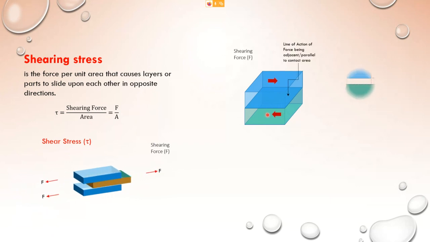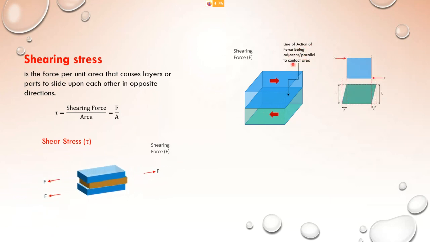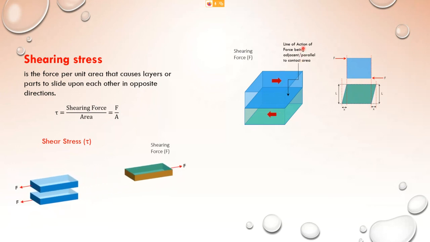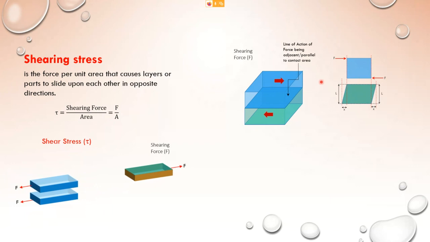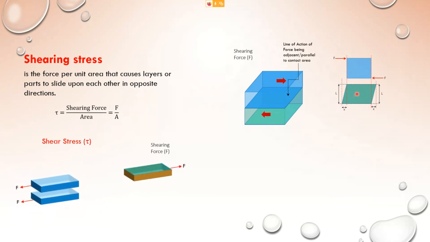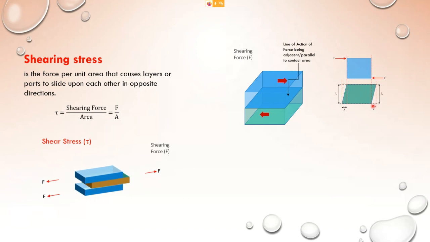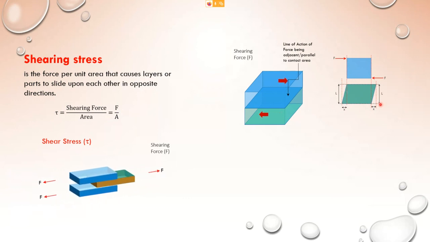So make sure the line of action of force and the area are parallel. For direct stress, it is 90 degrees. Okay, so to measure the shear strain, the strain that we had just now, epsilon, is called the direct strain.